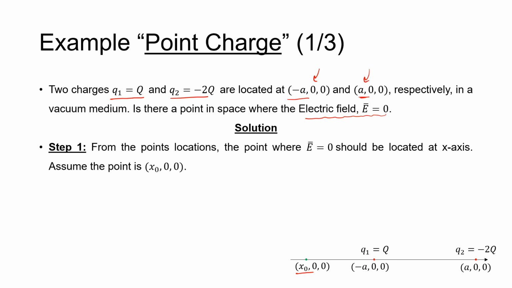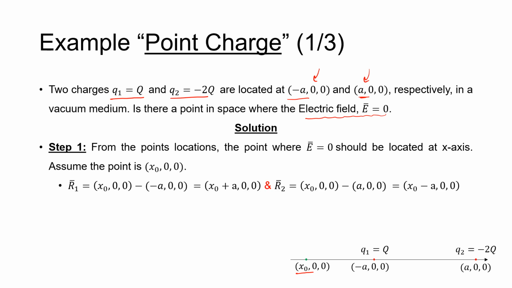To solve, we need to calculate R for both charges. So we'll say R1 due to the first point here. This is R1. And we have R2 due to the second point, this one. As we have learned before, just subtract the two points from each other, the point which we are calculating for here, and the point which we are starting with.